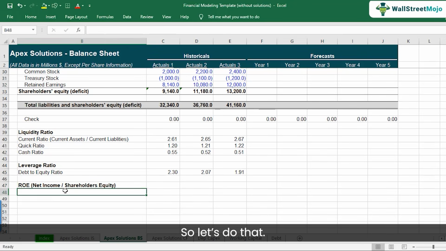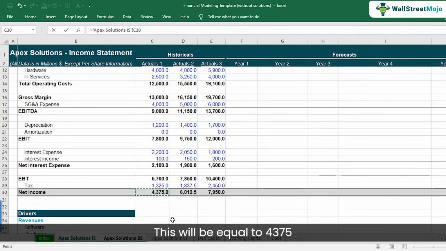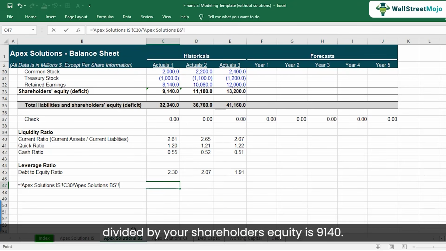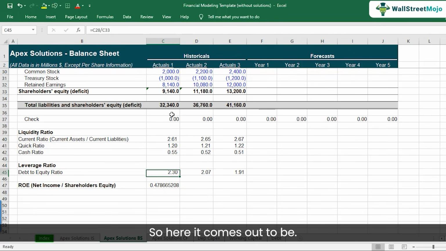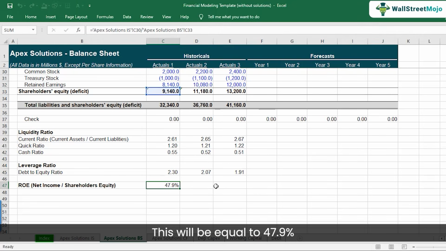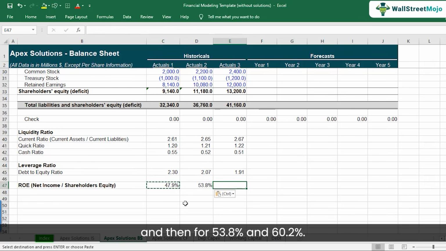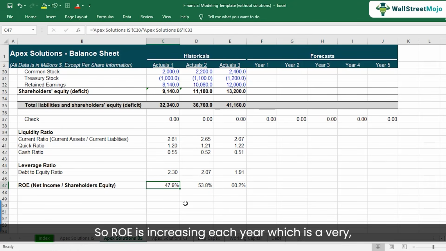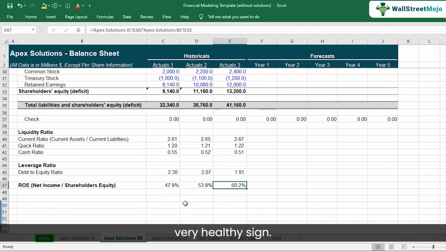Let's do that. This will be equal to 4375 divided by your shareholders' equity of 9140. Expressed in percentage terms, this will be equal to 47.9%, and then 53.8% and 60.2%. So ROE is increasing each year, which is a very, very healthy sign.